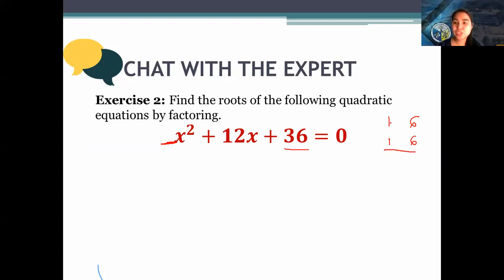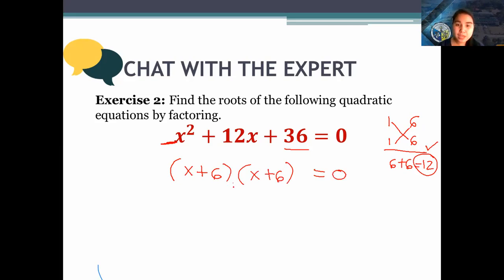Very good. So 6 times 6. It's not 6 times 6 that we check, it's 1 times 6 plus 1 times 6, and the answer is 12. So our factors are x plus 6 times x plus 6 equals 0.